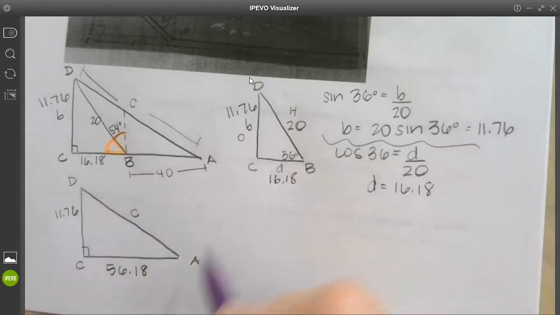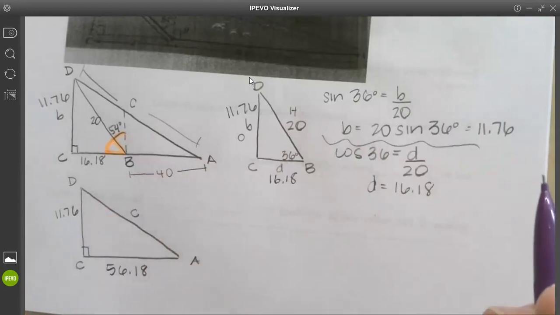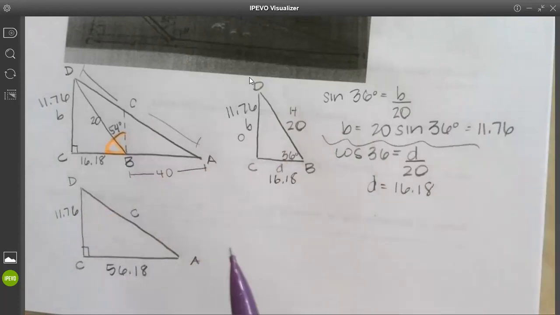What else could I do? Do I know what any of these angles are? I do. 90 degrees. Can you use the 90 degree? No, you cannot use the 90 degree, because you never use the 90 degree in a trig function. You use the opposite and the adjacent from the angle of reference. Because then it wouldn't be the hypotenuse.